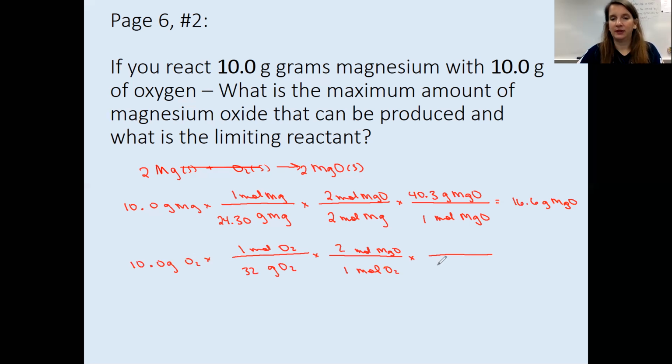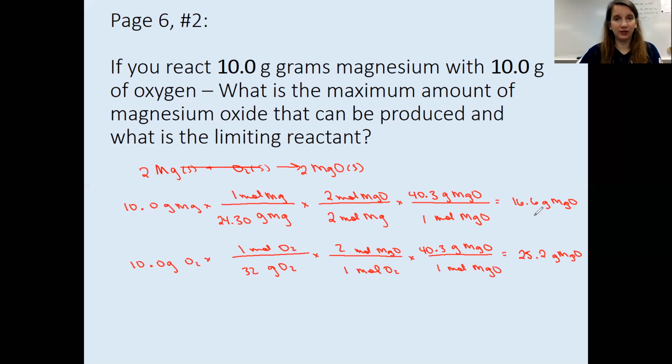And we have 1 mole of magnesium oxide down here, equal to the molar mass of our magnesium oxide, which we've already calculated to be 40.3. So let's calculate this: 10 divided by 32 times 2 times 40.3, and we'll have 25.2 grams of magnesium oxide.